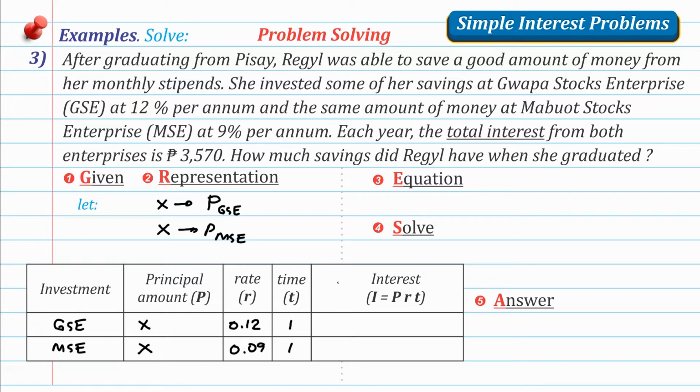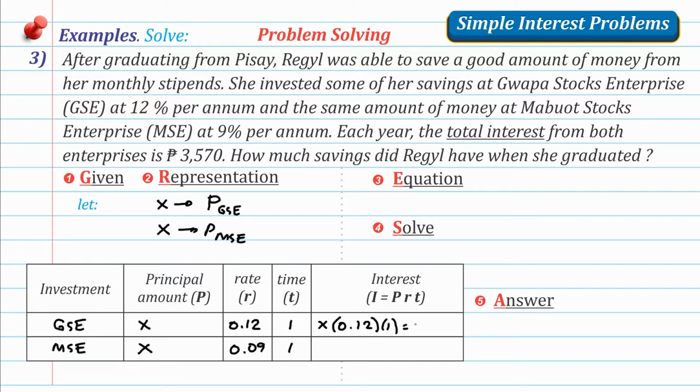After this, this should be automatic. To get the interest, we simply multiply P, R, and T, the 3 columns here, as indicated by our formula, I is equal to PRT. Now, ang gagawin natin then is write P is X, rate is 0.12, and the time, of course, is 1.